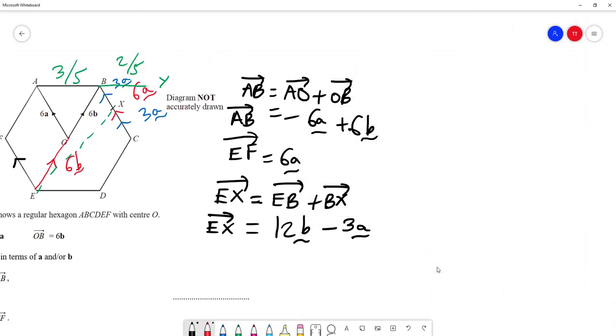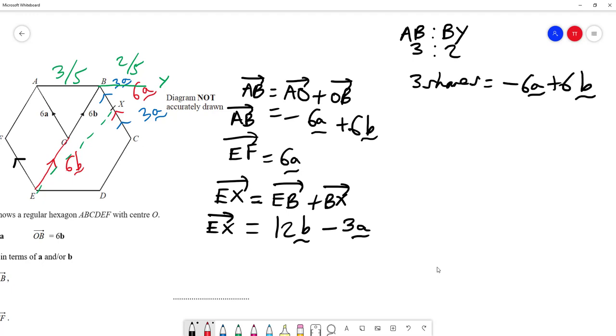So I'm going to write down what AB is in terms of shares. AB is 3 shares, so 3 shares is the same as minus 6a plus 6b.